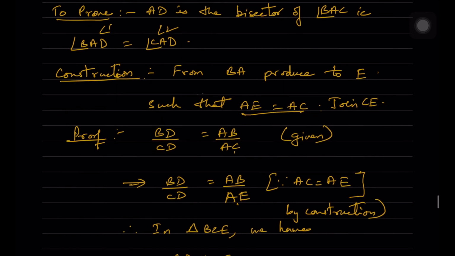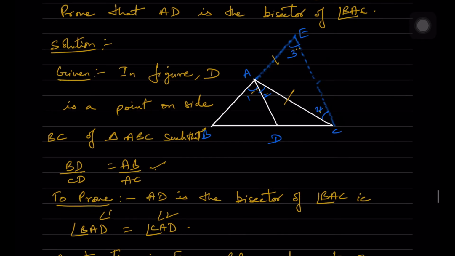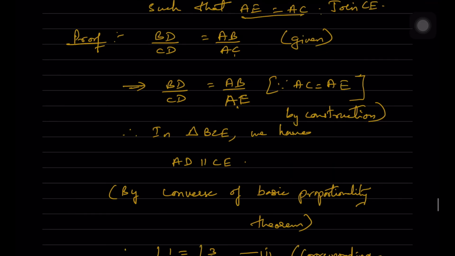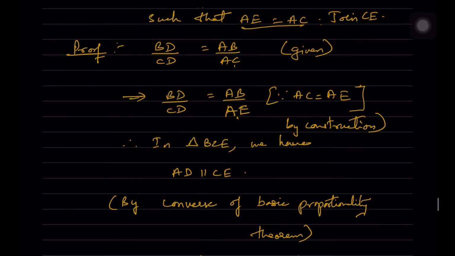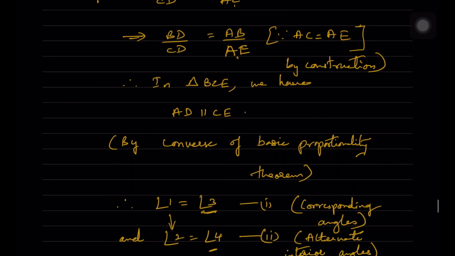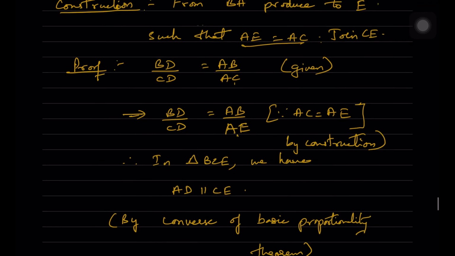Now we also know that BD by CD is equal to AB by AE, because AC is equal to AE by construction. So therefore in triangle BCE we have AD is parallel to CE.